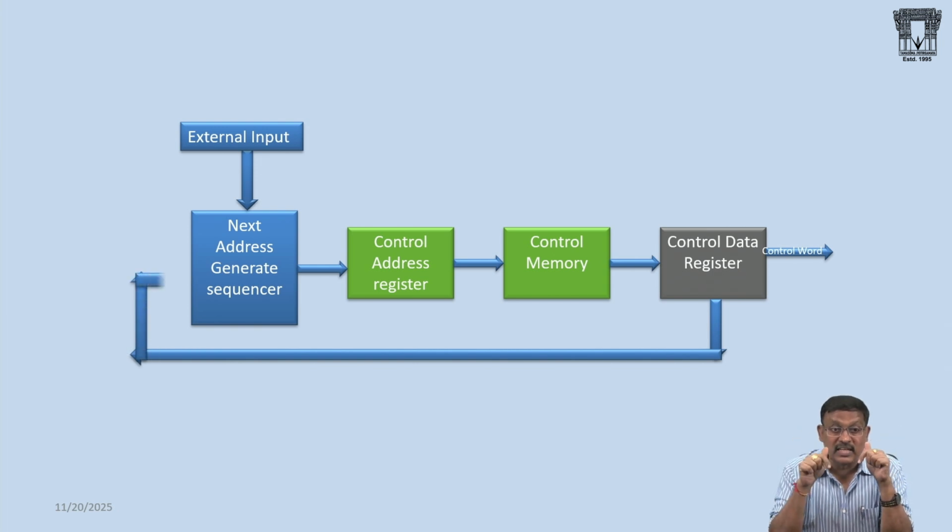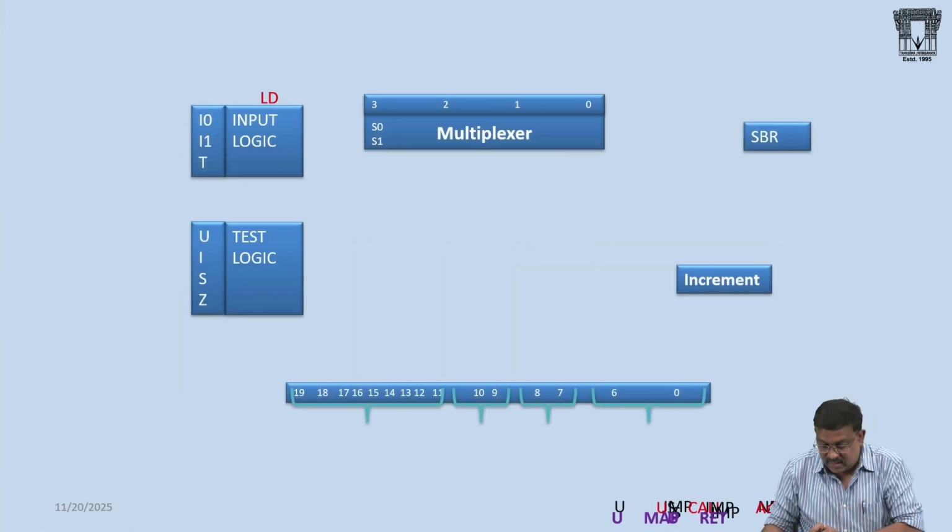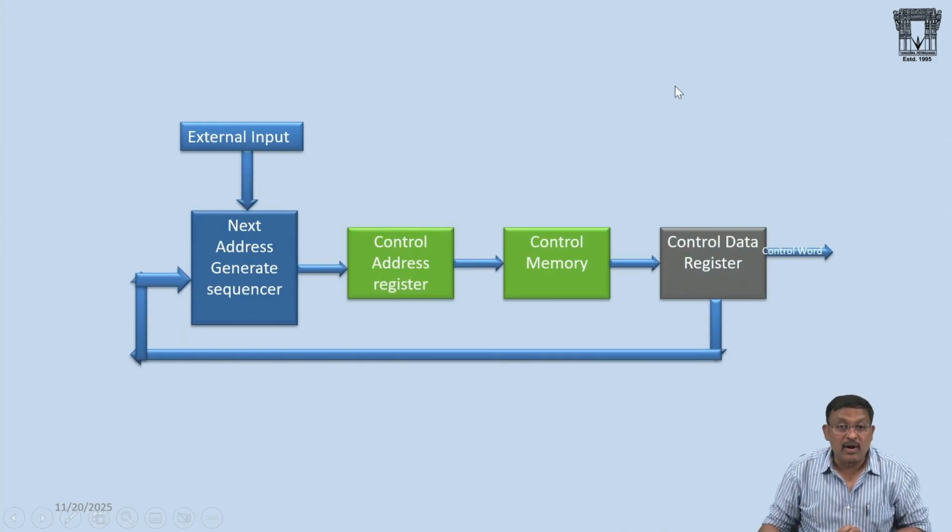That is determined by the next address generation circuit. This will determine the next address of the control memory. Once this is determined, the control address register is loaded with the next address, and then it accesses the control memory and fetches one micro instruction.